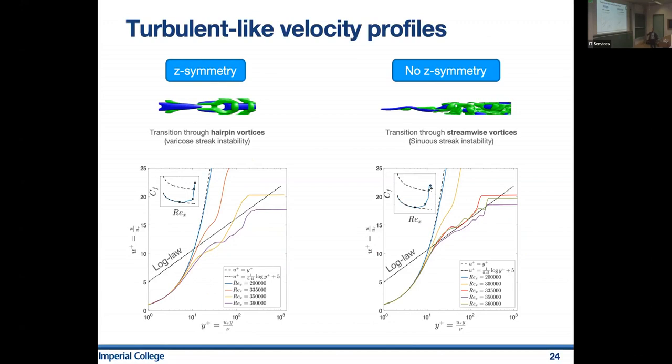However, as I go downstream, when my streaks are generated and when they break down, actually I depart from this solution. What is really interesting is that only when I have a sinuous type of streak breakdown, actually I achieve scaling similar to the ones observed for fully turbulent boundary layers, and we can see a clear, at least for a few, like less than a decade, logarithmic scaling at this stage.